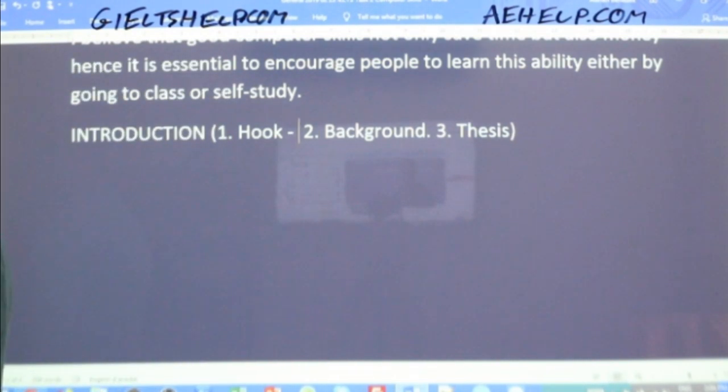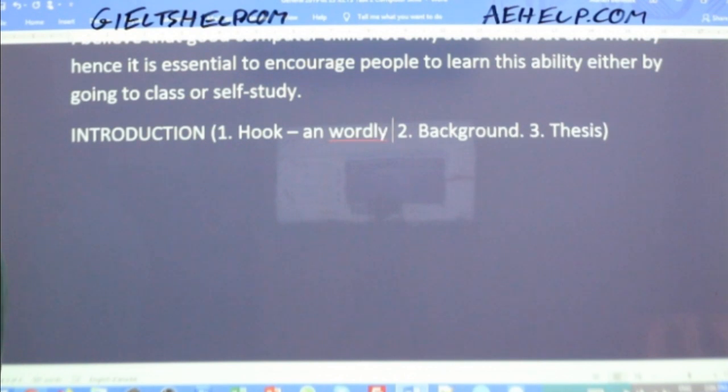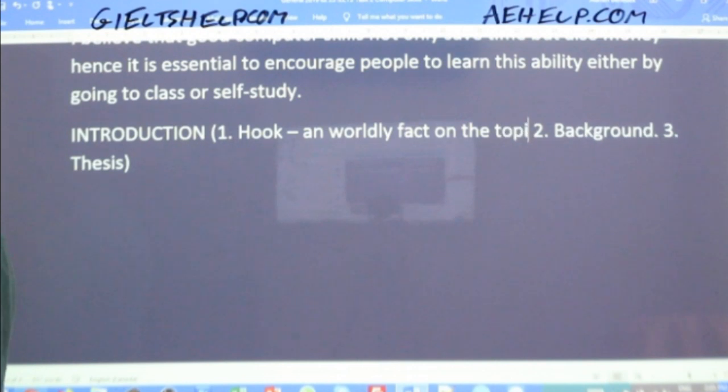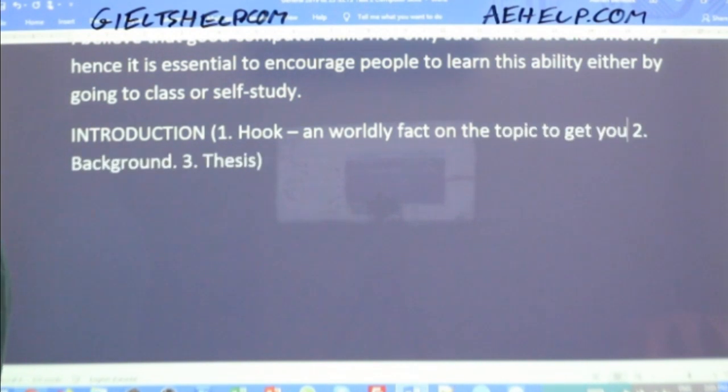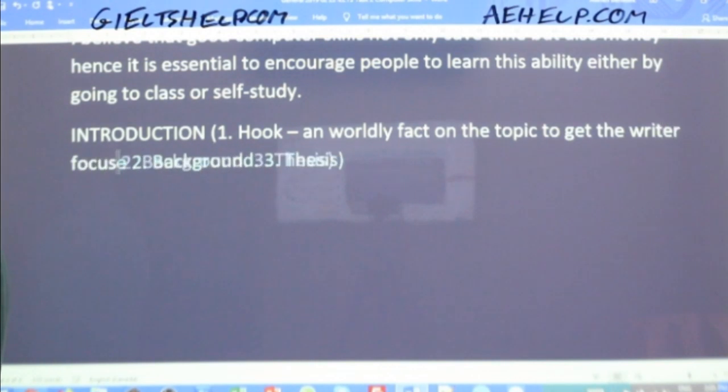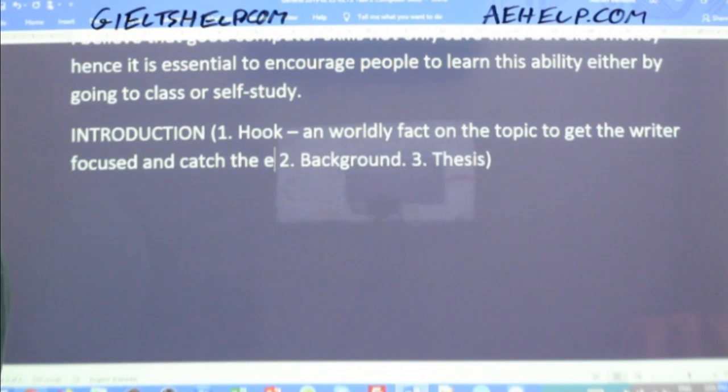So the hook, a worldly fact on the topic to get the writer focused and catch the reader's attention.